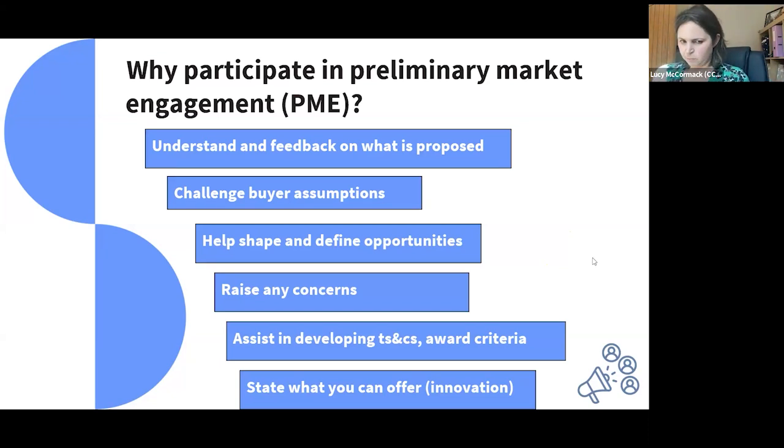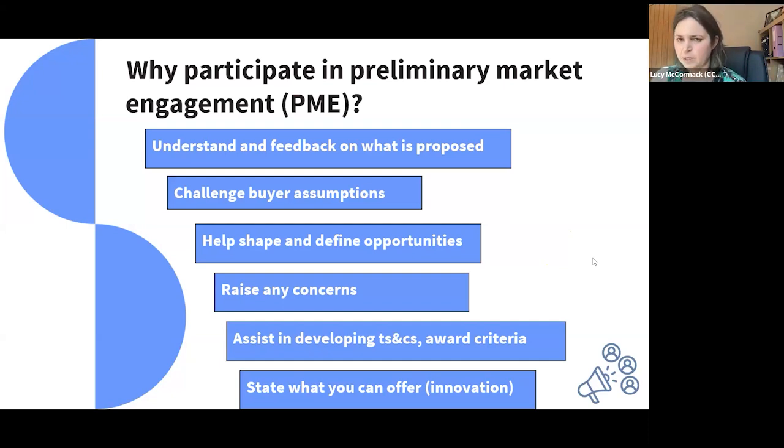Typically, that could be, for example, Ministry of Justice or Home Office feeling that it was particularly commercially sensitive and would cause adverse consequences in doing so. But we expect the vast majority of preliminary market engagement notices to be published.